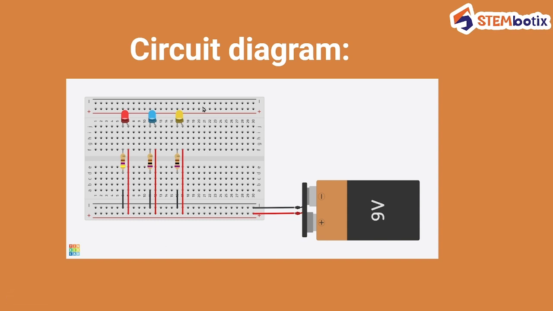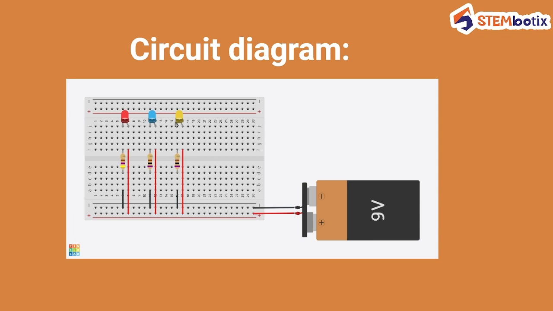So the faulty effect of this section would not affect the other two sections of the circuit. Hence parallel connections are widely used in home and commercial wiring.